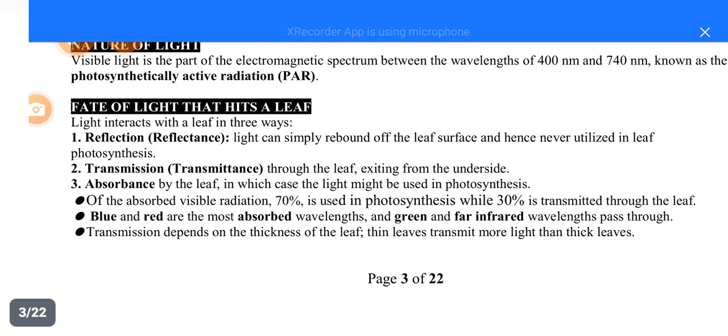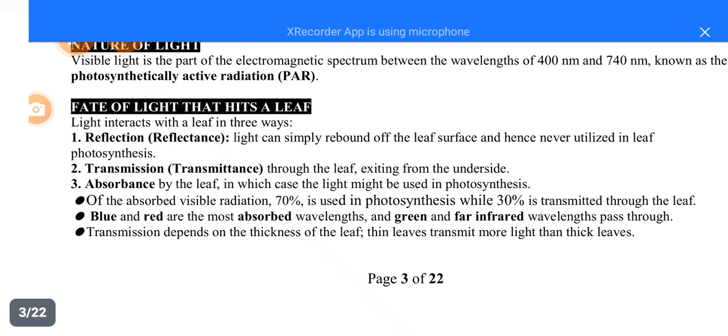Light passes through the leaf, exiting from the underside, then you have what we call absorbance by the leaf, in which case the light might be used in photosynthesis. So the light which is absorbed might be used in photosynthesis.